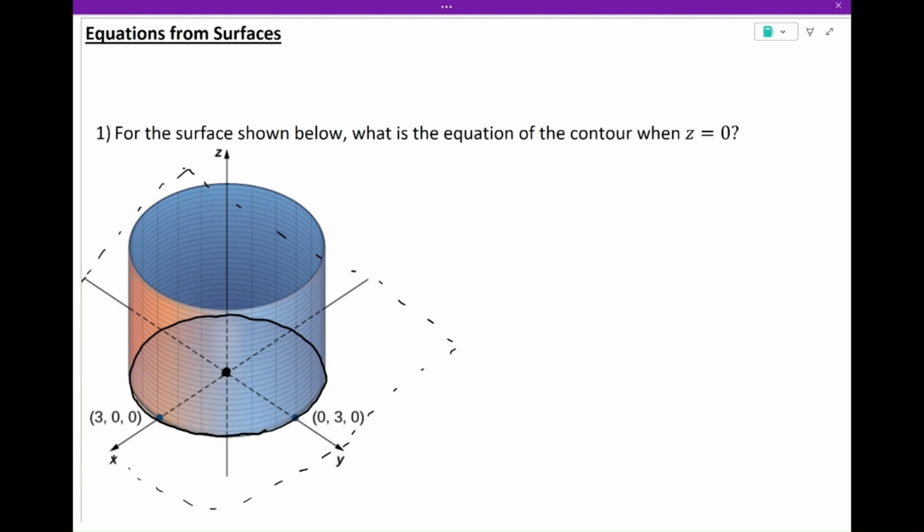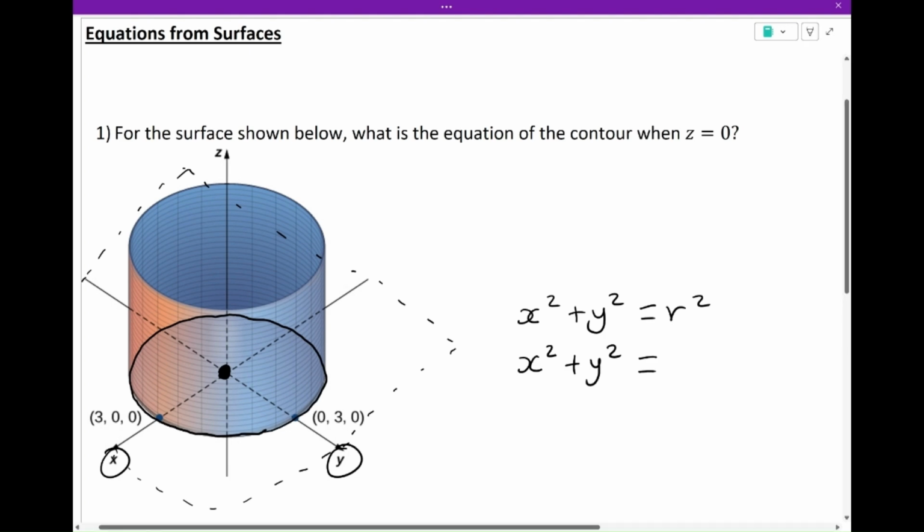Given that we're dealing with a contour, our variables are going to be x and y, and our circle is centered at the origin. So it's going to be x squared plus y squared is equal to the radius squared. Now, if I want to figure out my radius, do I know any points which are going to be on my contour? Yes, I do.